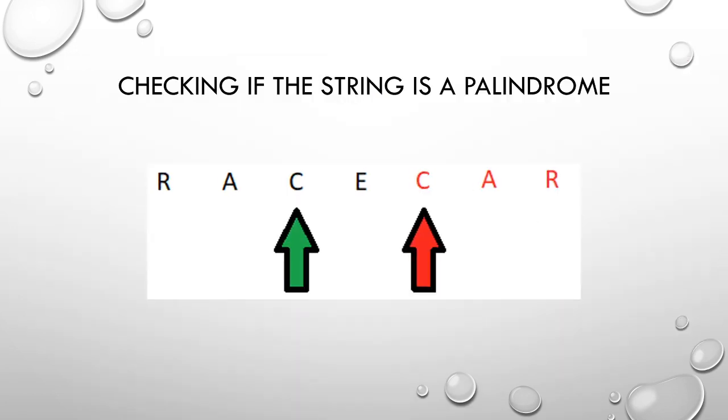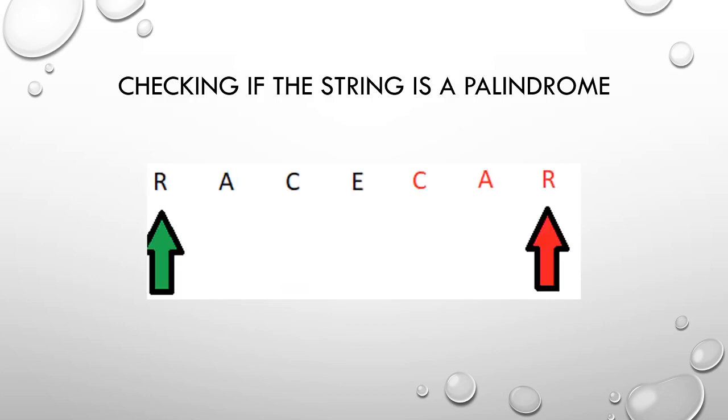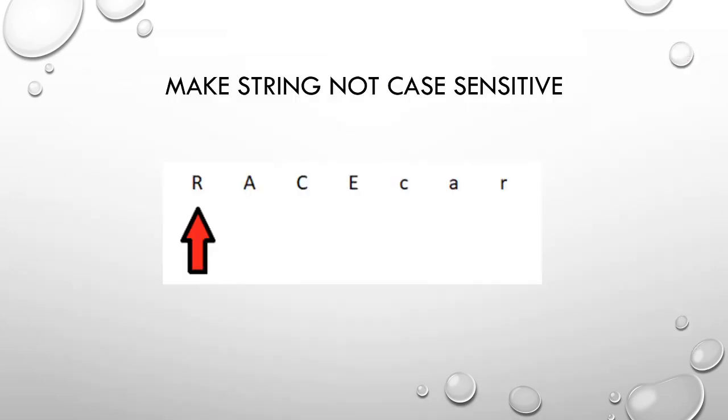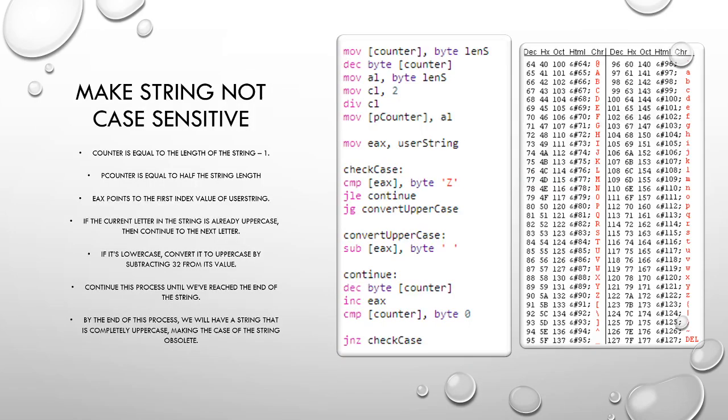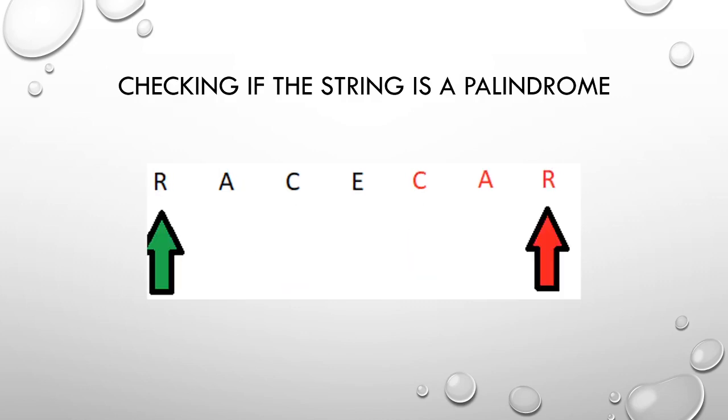So now when we're checking if the string's actually a palindrome, let me go back here first and clarify that right now our pointer for EAX is at the end of the string because we just got through converting everything to uppercase. So now we're going to create a pointer at the beginning.